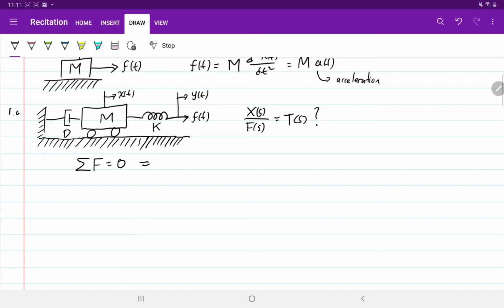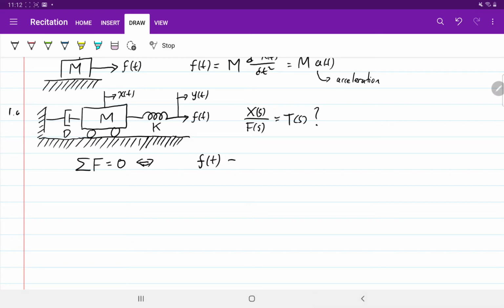Okay, so let us start solving the first equation. The first equation corresponds to the spring. As we are pulling this point to the right with force F(t), the spring will give equal force but in the other direction, right?